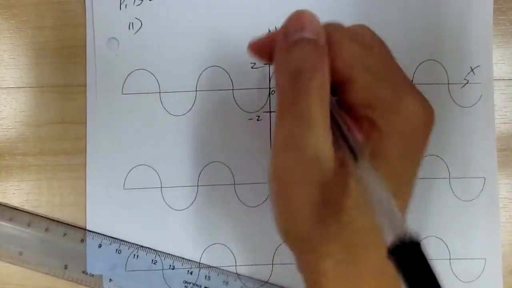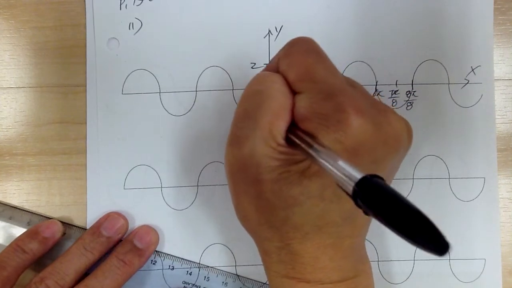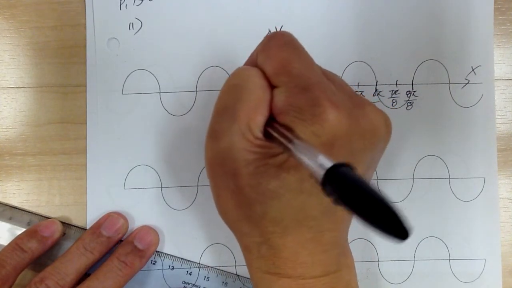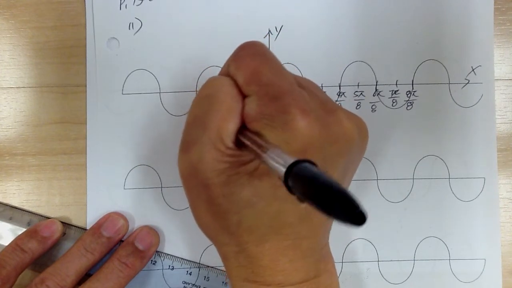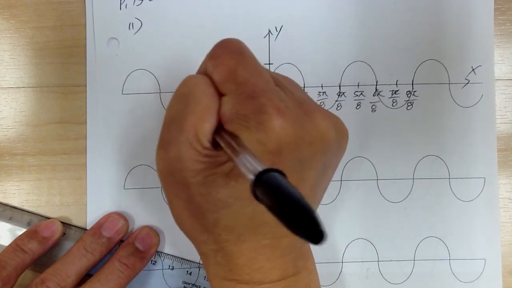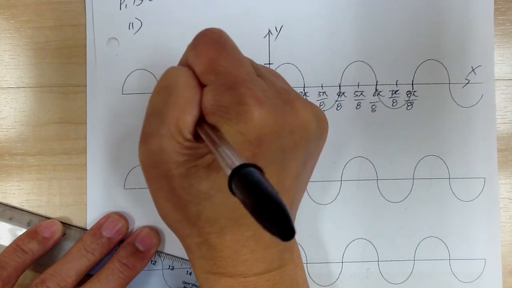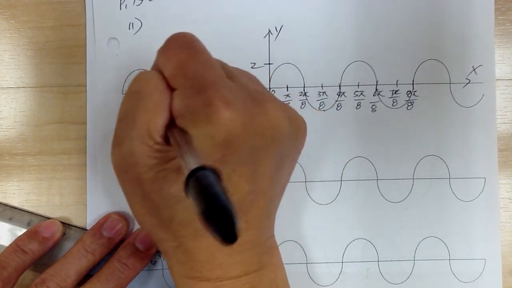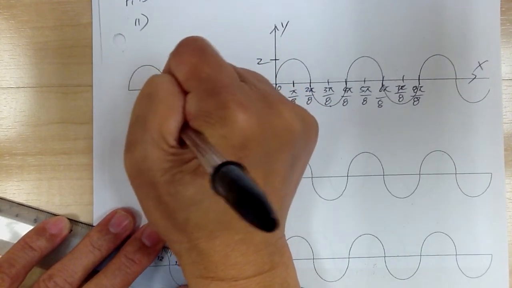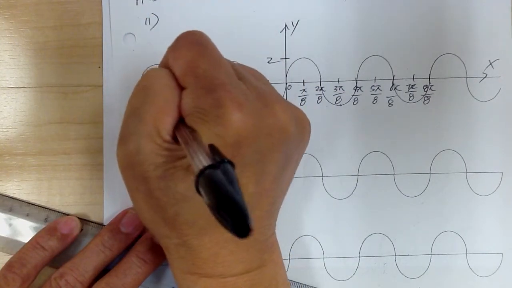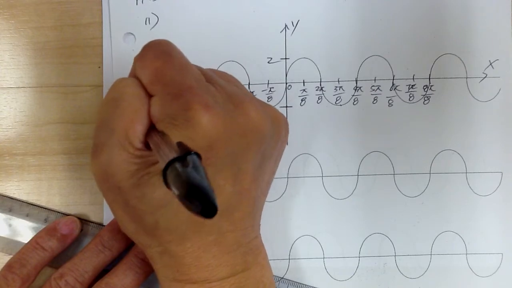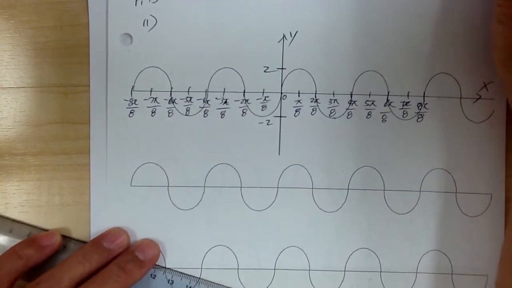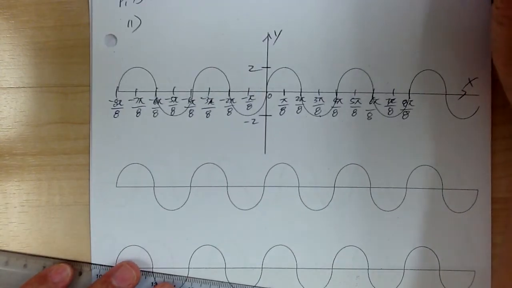And you do the same thing going backwards, so negative pi over 8, negative 2 pi over 8, negative 3 pi over 8, negative 4 pi over 8, negative 5 pi over 8, negative 6 pi over 8, negative 7 pi over 8, negative 8 pi over 8. And so that's number 11.